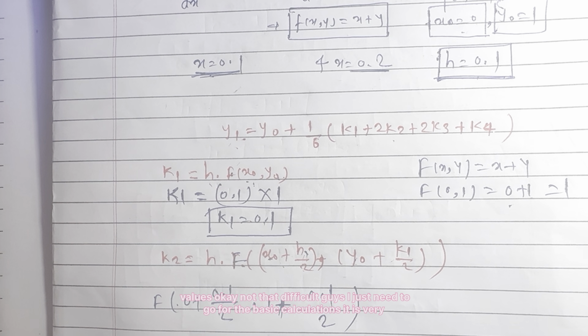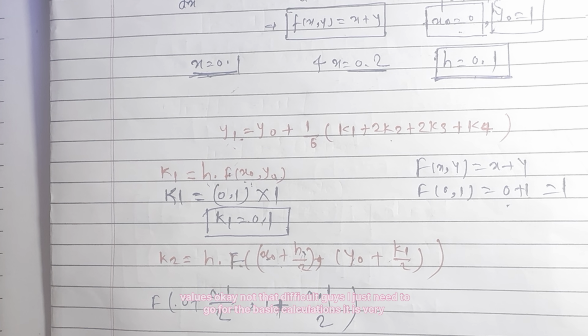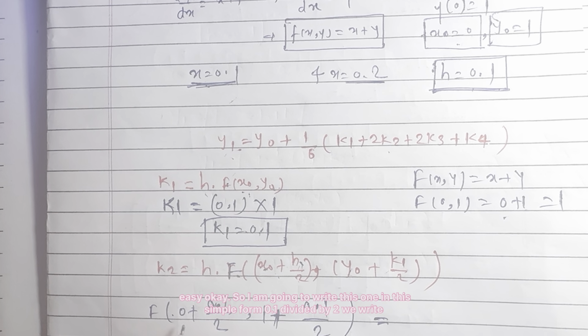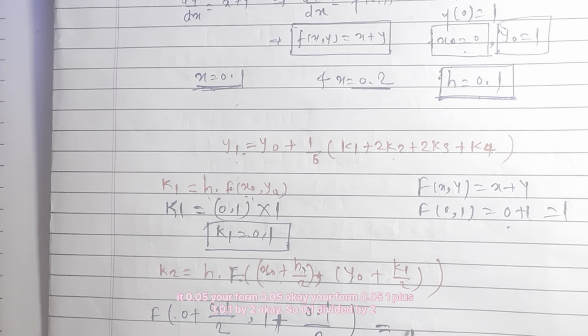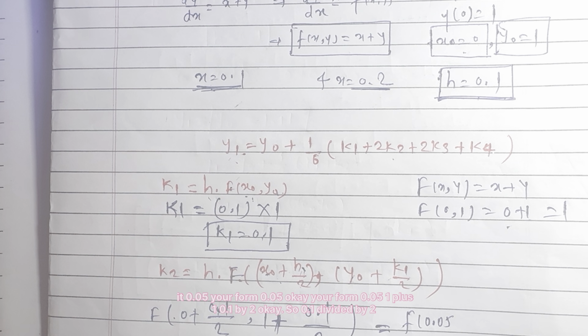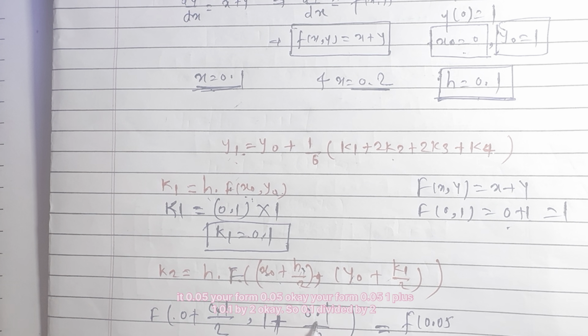Not that difficult guys, I just need to go for the basic calculations. It's very easy. So I'm going to write this in the simple form. 0.1 divided by 2 we write as 0.05, f of 0.05, 1 plus 0.1 by 2.